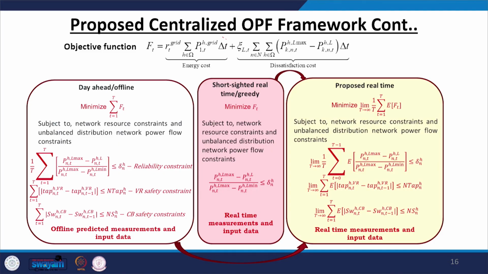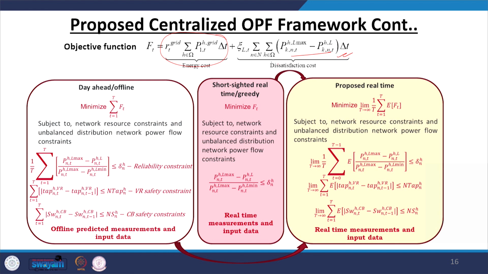The objective function for this problem is first to minimize the total energy cost, plus the dissatisfaction cost. Why this dissatisfaction cost? Because we have used the load shedding operation. If you perform load shedding, that will cut some of the loads from the consumer premise, and if someone is forcing you to live in the dark, then your dissatisfaction level will increase.